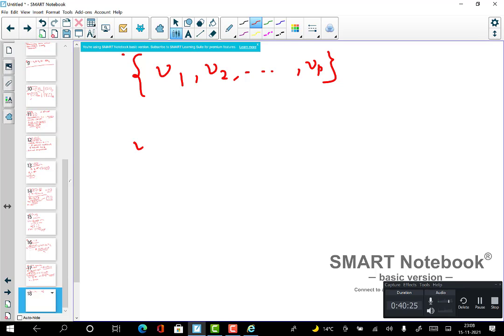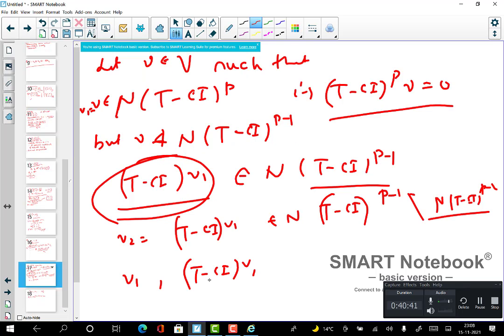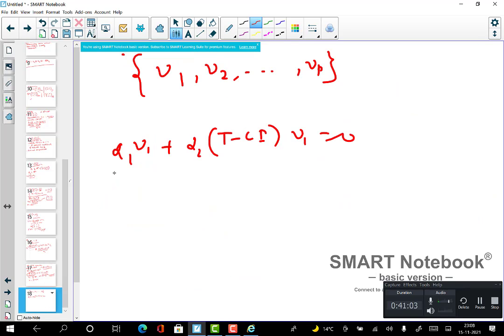For example, suppose alpha 1 V1 plus alpha 2 times T minus Ci of V1 equals 0, that is, suppose they are not linearly independent. Then what can you do?